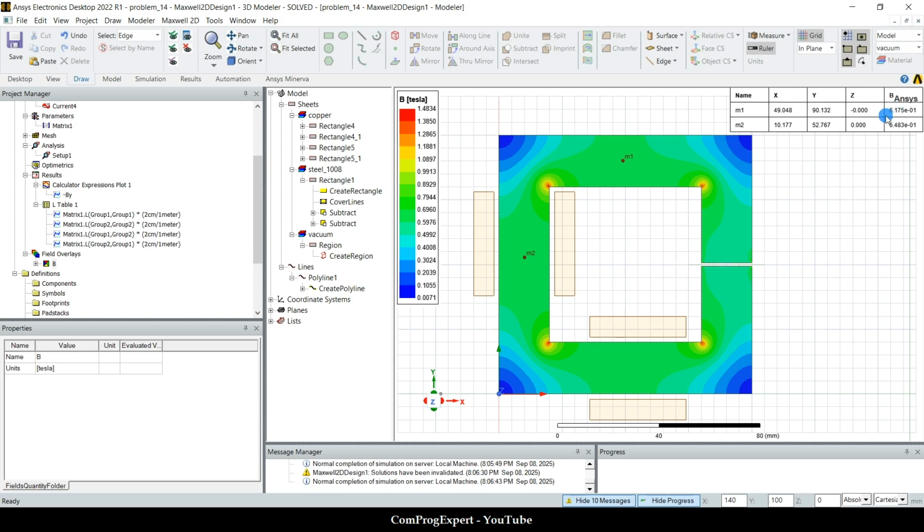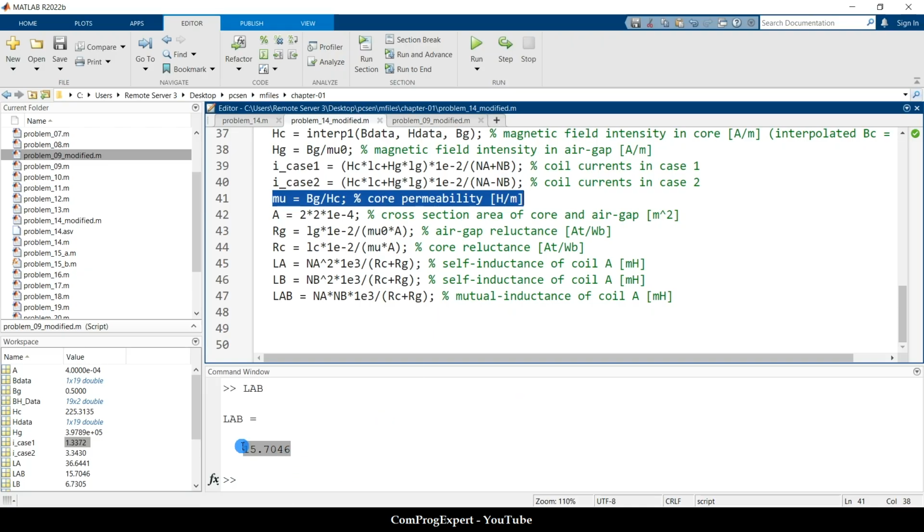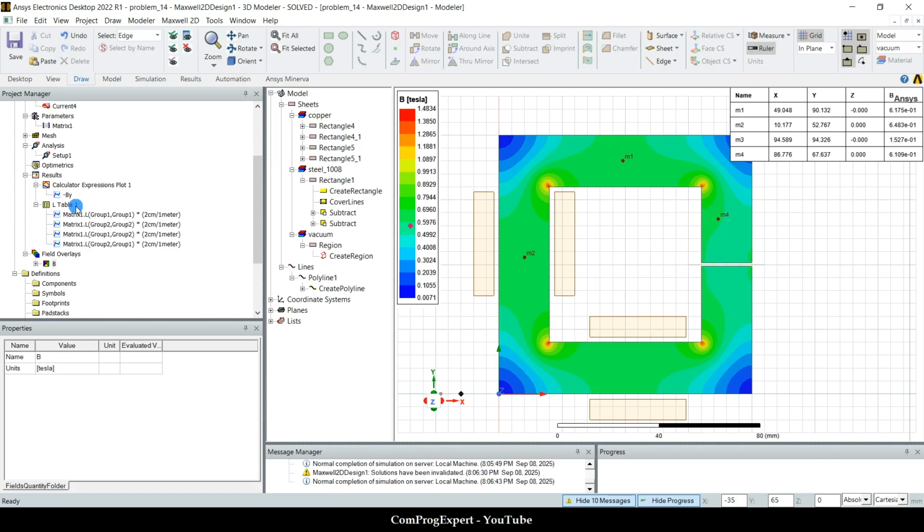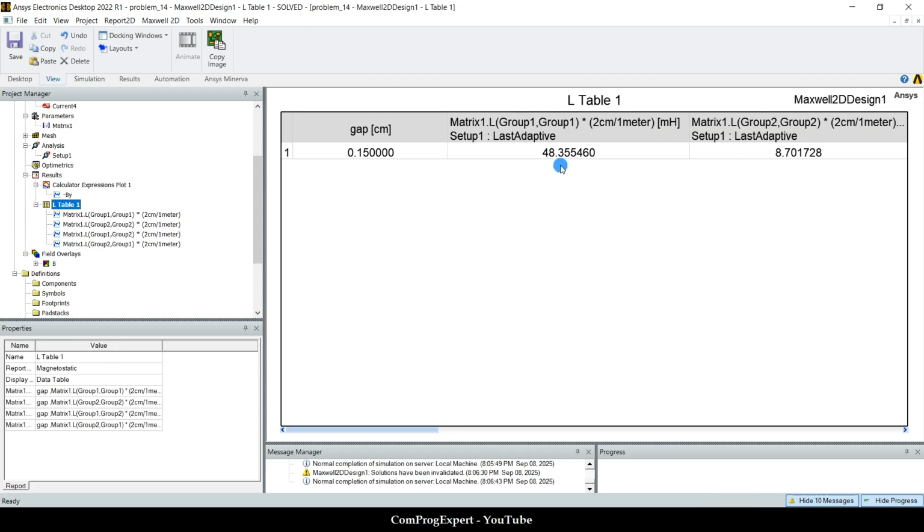As you can see, the level of the excitation is different at different locations of the core. So the permeability is not constant. The value of the core reluctance that we calculated is not correct, and then we have these deviations. But however, we have these deviations, but our analytic calculations are still good.